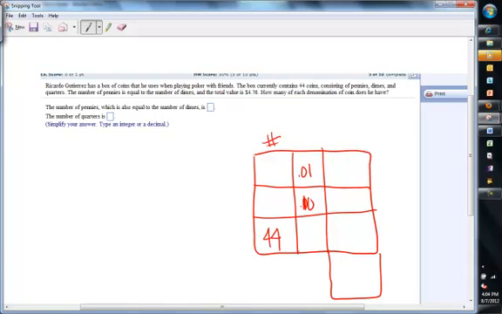Oops, we got to add one more box because it says and quarters, which are worth 0.25. The total value in the box is $4.76. We don't need this box here because we don't have an average value.